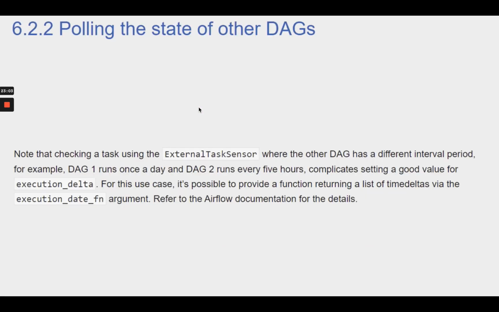Note that checking a task using the external task sensor where the other DAG has a different interval period, for example, DAG 1 runs once a day and DAG 2 runs every 5 hours, complicates setting a good value for execution_delta. For this use case, it's possible to provide a function returning a list of time deltas via the execution_date_fn argument. Refer to the Airflow documentation for the details.